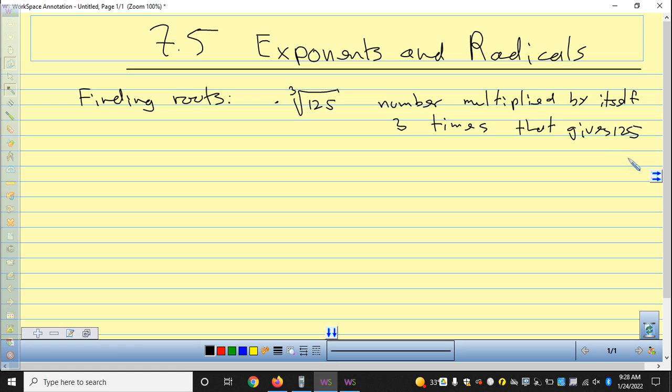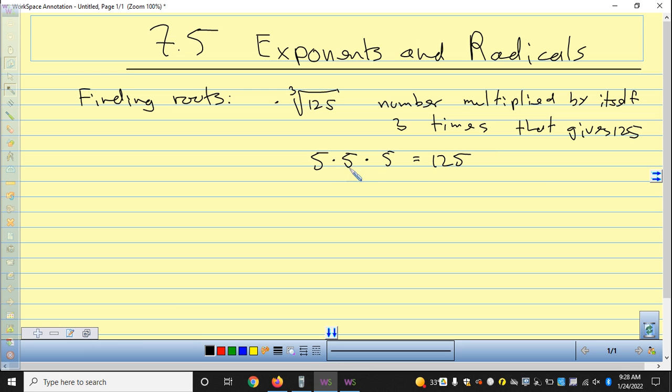And if we experimented, did some guess and check, we would see that 5 times 5 times 5 equals 125. So if we multiply 5 by itself 3 times, we get 125.